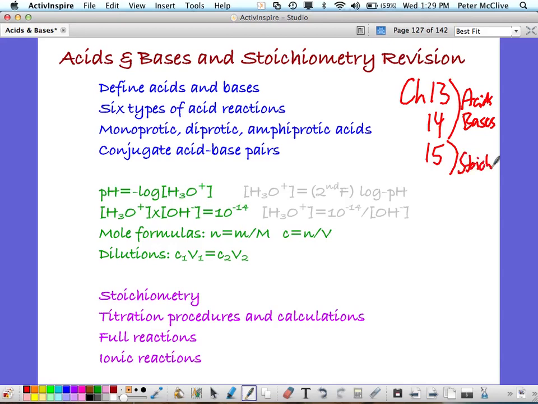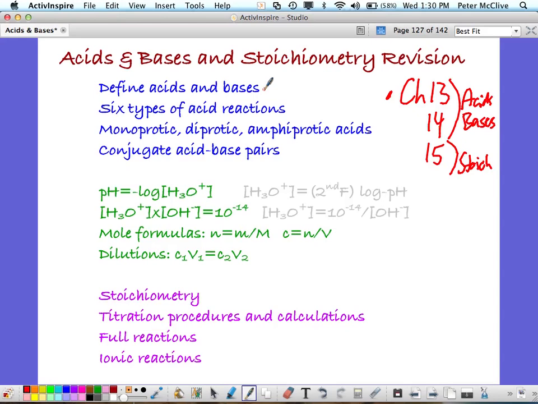Okay, so that might not have been clear on some of the things, but they're the 3 chapters, and these are the areas, I guess. So defining acids and bases, just being clear what they are, what the definitions. Talking about that acids donate a proton, a hydrogen ion, and bases accept a proton or a hydrogen ion.